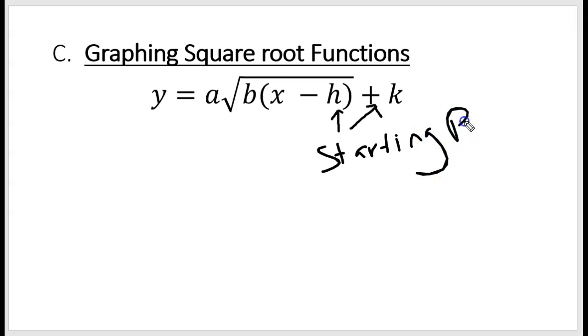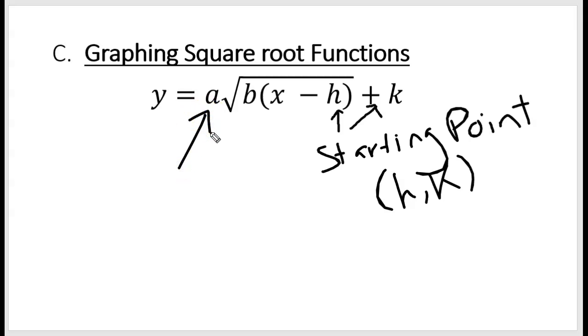And just like when we did parabolas and absolute value functions, you're going to take the opposite value of the H, and the K represents whatever it is. So you don't do the opposite of that one, right? And this one, the A, if it's a positive A, it's right side up, and if it's a negative A, it flips it upside down, right?